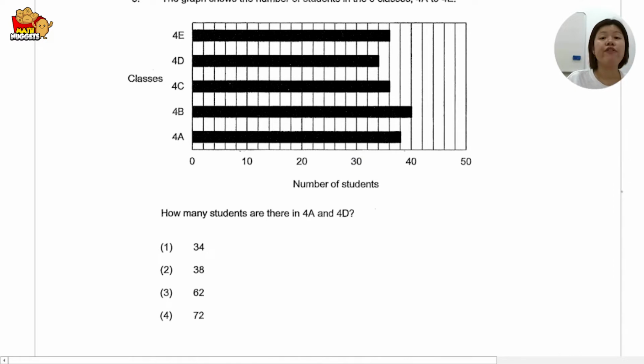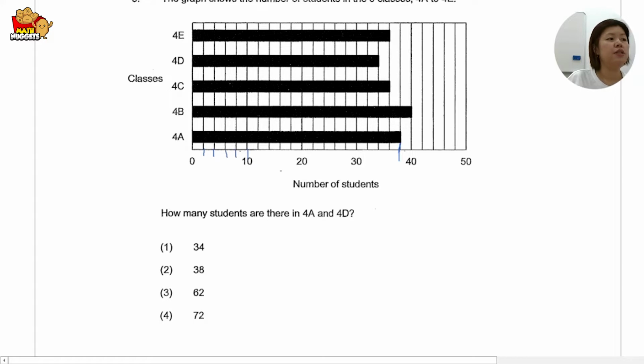Okay, next, question 5 is graph. Before we do the question, let's take a look at the graph. We look at 4A, it's pointing to this line. Okay, so let's see what is the value for one gap. Okay, so it's 2, 4, 6, 8, 10.